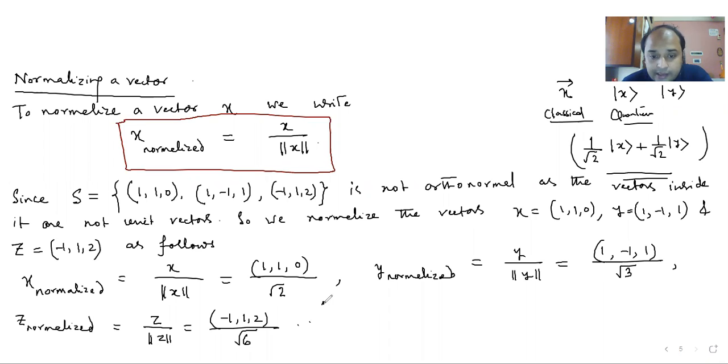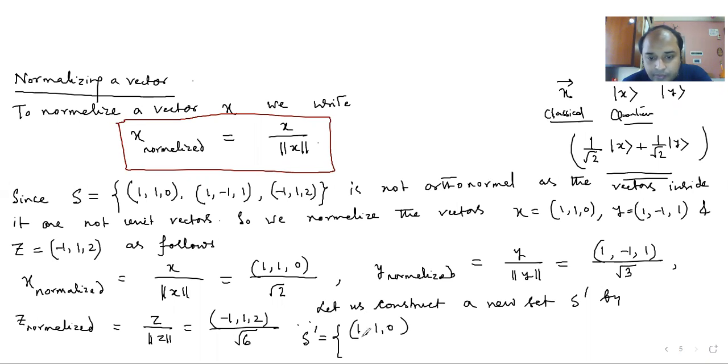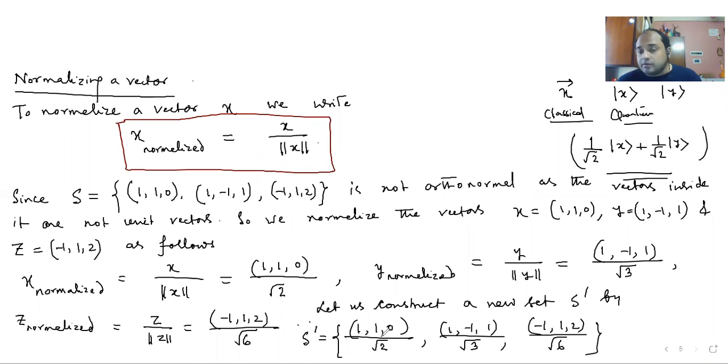Now let us construct a new set S prime, which contains all the normalized vectors: 1 1 0 by root 2, 1 minus 1 1 by root 3, minus 1 1 2 by root 6.